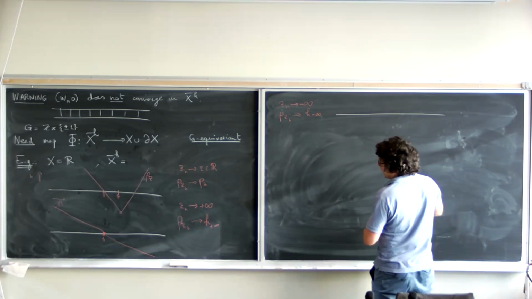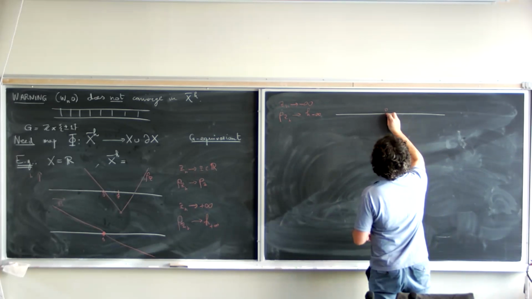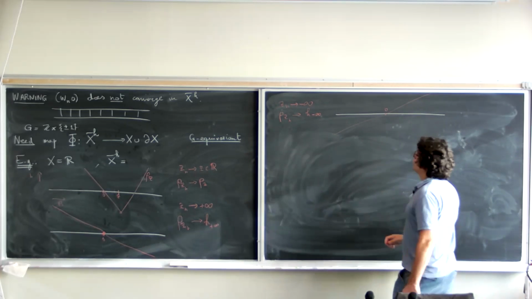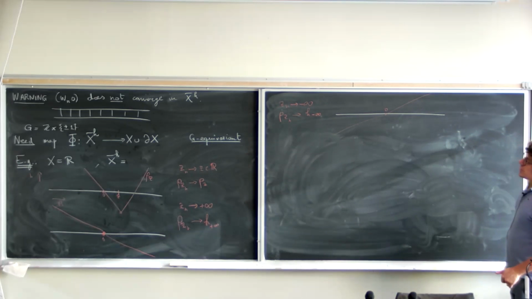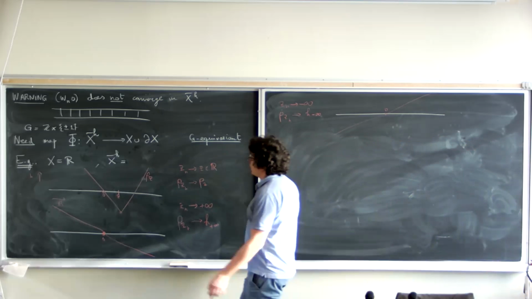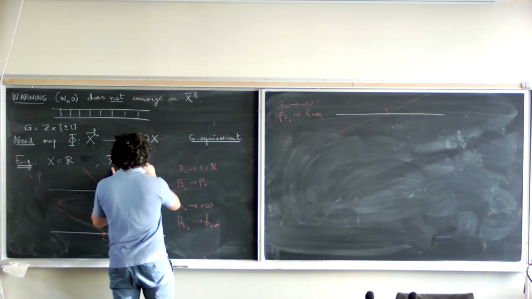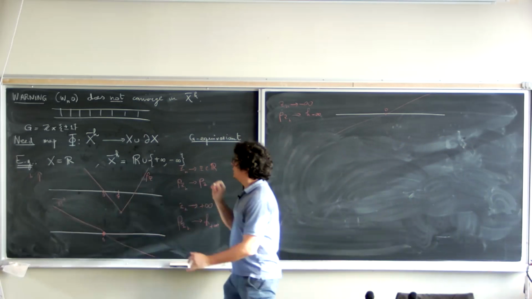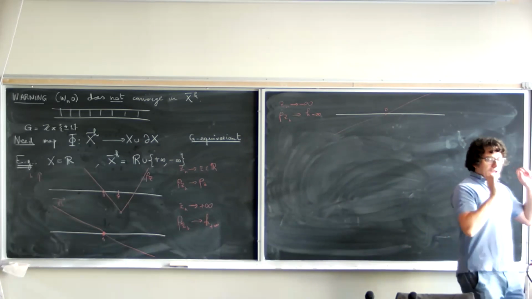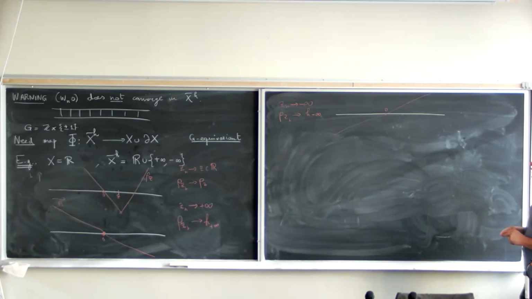Well, again, it's 0 at 0, and then it's increasing linearly along the real axis. So these are all of the options here. There's clearly nothing else. So in this case, we can say that the compactification is R union plus infinity and minus infinity. And again, in this case, we are in a good case, so to speak, in that the compactification is the same as the Gromov boundary compactification.